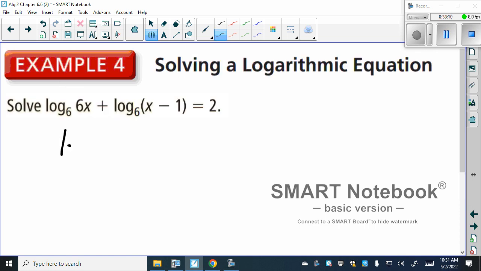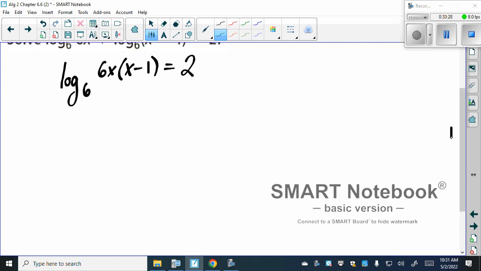Well, how would we start out with this? We would rewrite this as a single log of 6x times x minus 1 equals 2. Because whenever we have two exact same logs, where log and the base are the same, we can rewrite it as one, where what's inside is being multiplied.